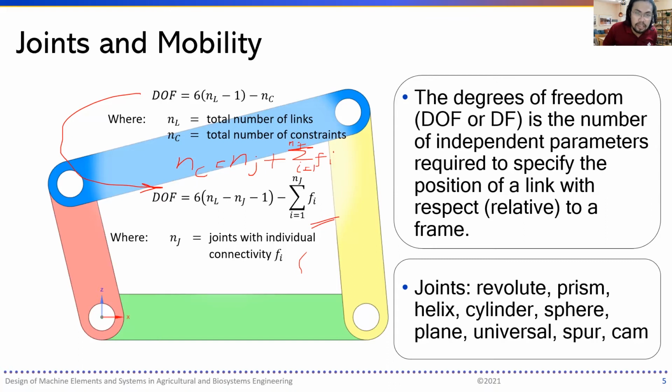This is the number of constraints, while n sub j is the number of joints with individual connectivity f sub I.